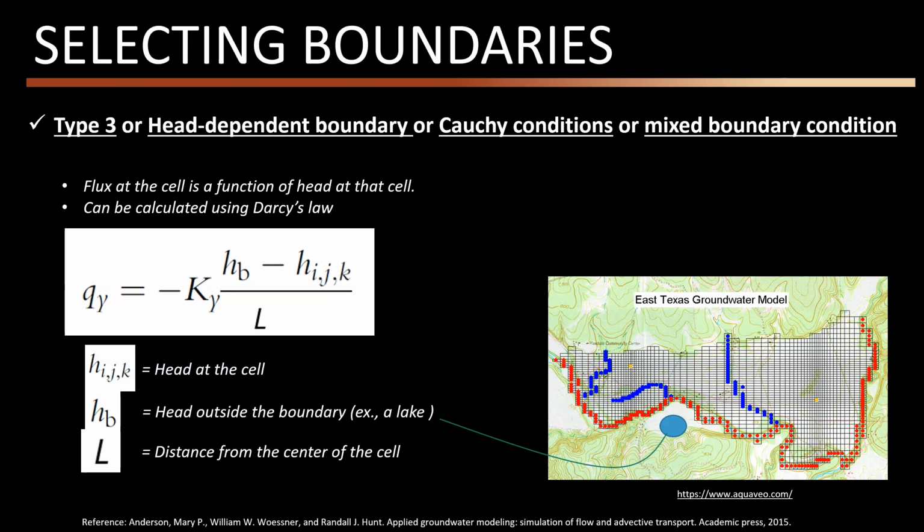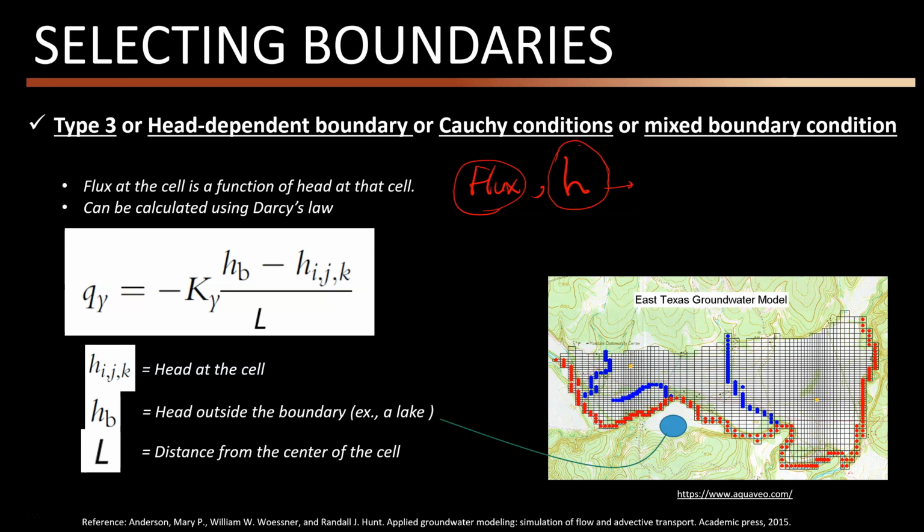In this specific boundary condition, I assume that I have information on how the flux changes with the head. So the model computes for that cell how the head changes, and based on that I compute the flux. And this is the equation that we usually use.